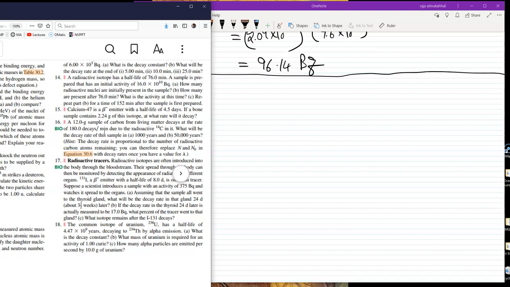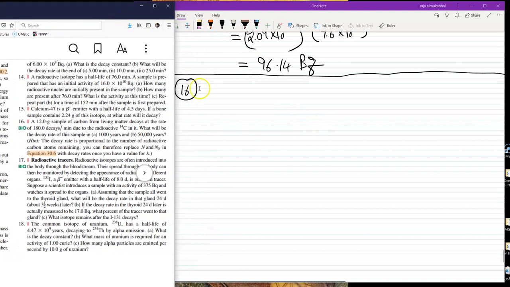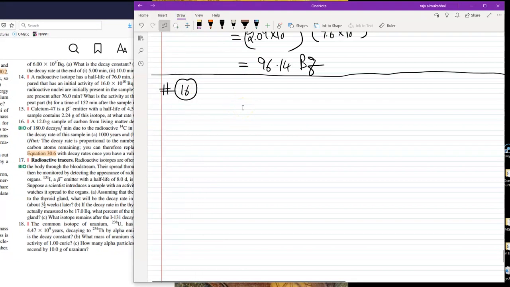It's given not in seconds, but that's basically the activity rate, R, due to the radioactive carbon-14 in it. What will be the decay rate, again R, of this sample after 1,000 years, after 50,000 years? Not a bad problem. How do we do it?